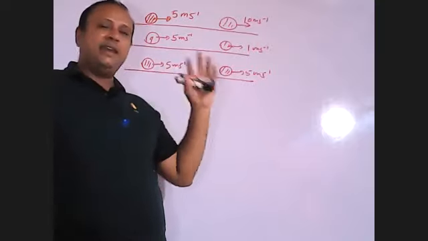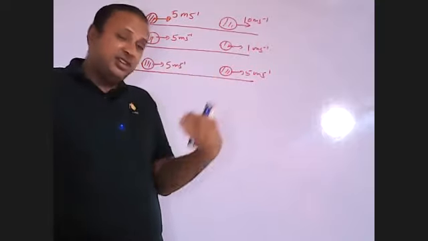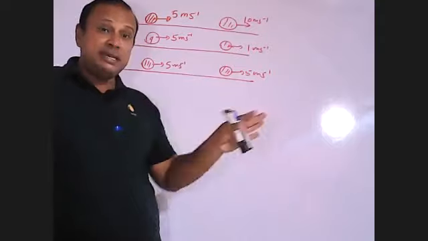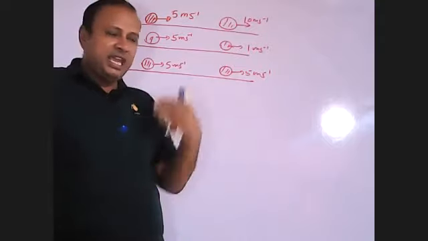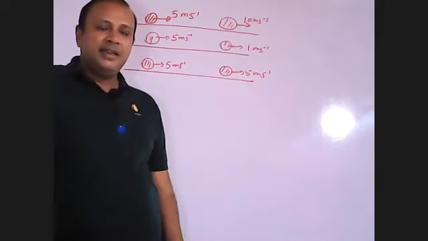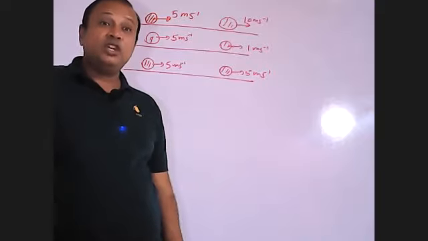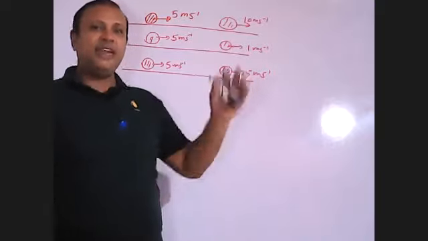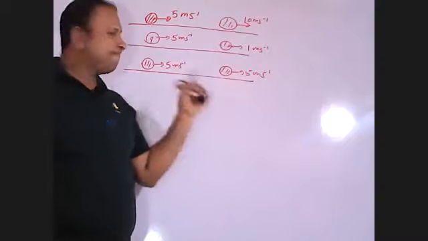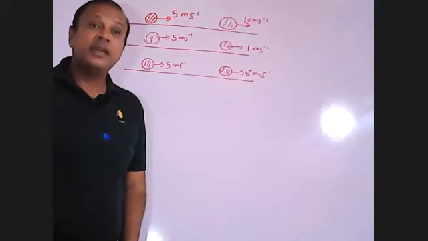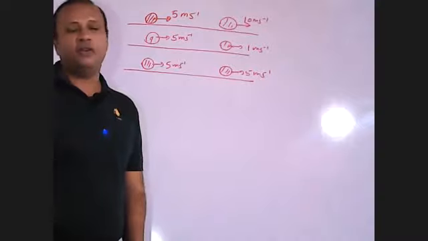If an acceleration has a magnitude and the direction is negative, that means it is a deceleration. If the acceleration is equal to 0, that means a is equal to 0, the object moves at a uniform velocity.